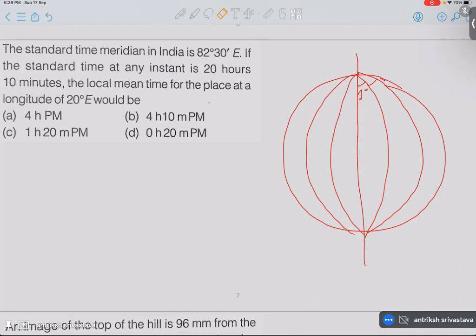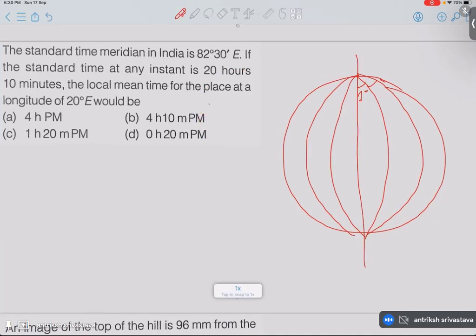So what they have told us is that, let's say, if this place is 0 degree, and we are moving east, and India is somewhere here, which is 82 degree 30 minute east, right?